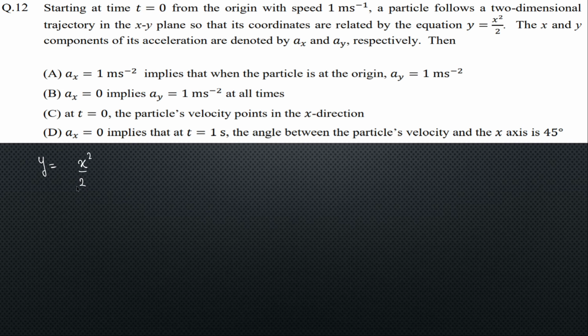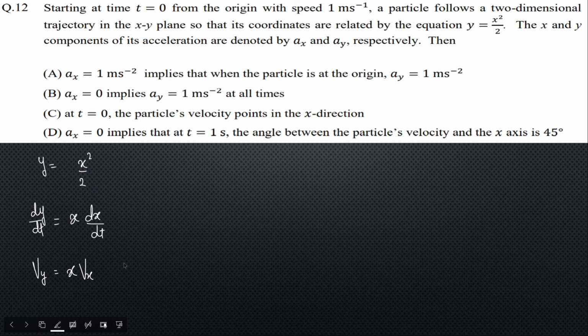So I'm gonna just differentiate both the sides. So this would be dy by dt, that is equals to x dx by dt. Okay, so we have vy is x times vx.